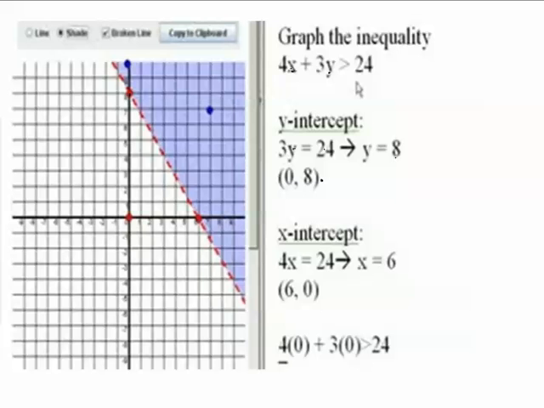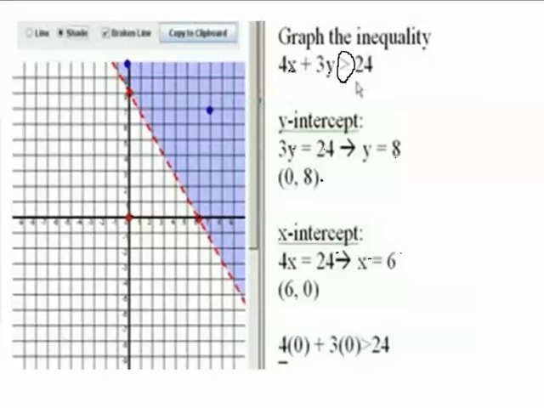I then found the x-intercept by putting the 0 in for y. When I put a 0 in for y, I get 4x is equal to 24, or x is equal to 6. So I went over 6 and up nothing, put a point right there. I now have 2 points. I look at my inequality. It is a strict inequality. It's got a greater than sign. Dashed my line, just like that.